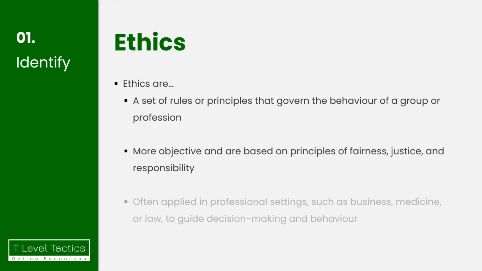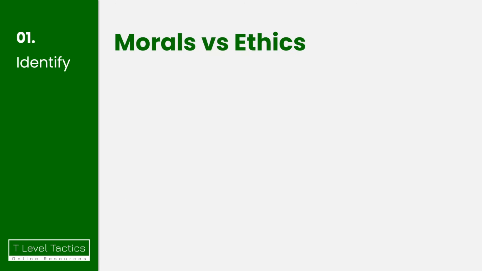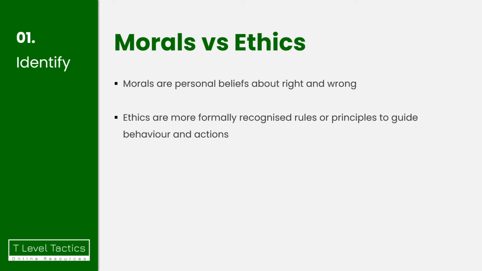They're often applied in professional settings, such as business, medicine, or law, to guide decision-making and behaviour. So, morals and ethics. Morals are personal beliefs about right and wrong, whereas ethics are more formally recognised rules or principles to guide behaviours and actions.